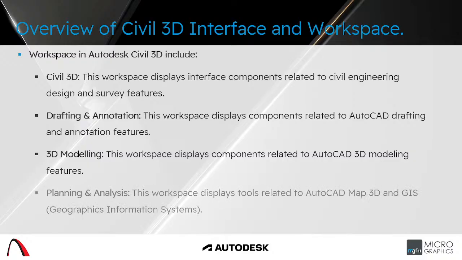And then we have the fourth one, which is your planning and analysis workspace, and this workspace displays tools related to AutoCAD Map 3D and your GIS, which is your geographic information system, within Civil 3D. But as we all know, the drafting and annotation, as well as the 3D modeling workspaces, are familiar workspaces from AutoCAD itself.